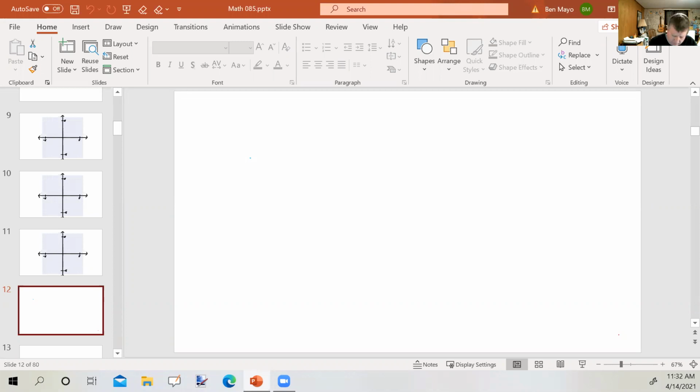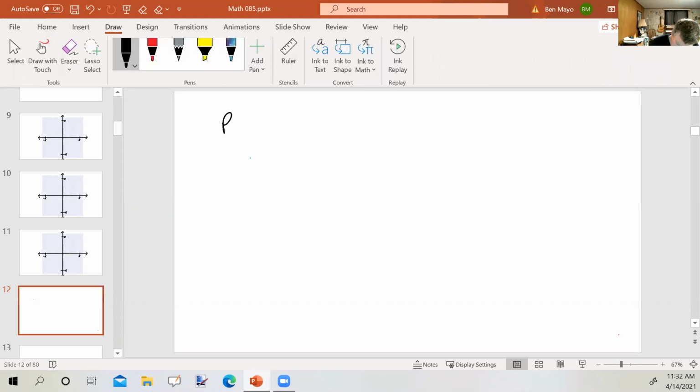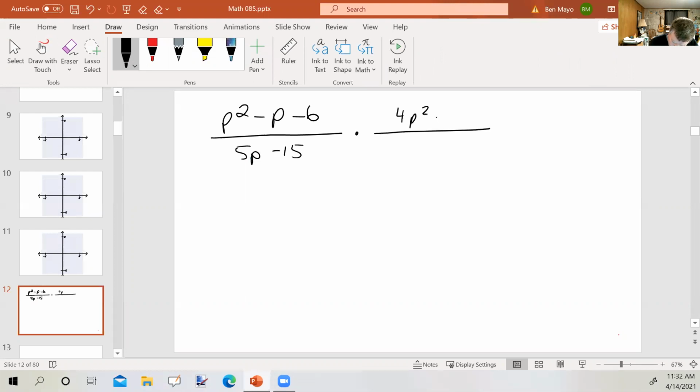It is p squared minus p minus 6, and then underneath it's 5p minus 15, times 4p squared minus 11p minus 3, and then p squared minus 3p. So have I got that correct? Looks like it, yes.